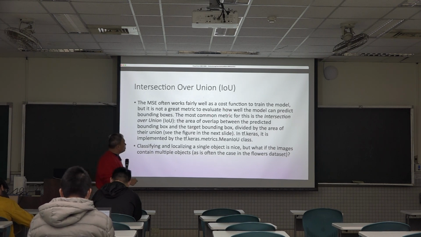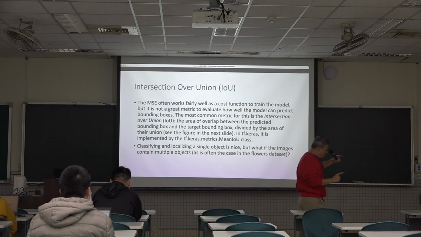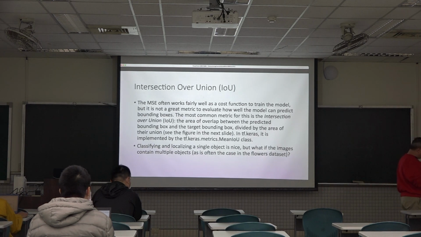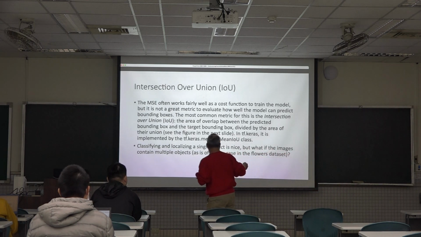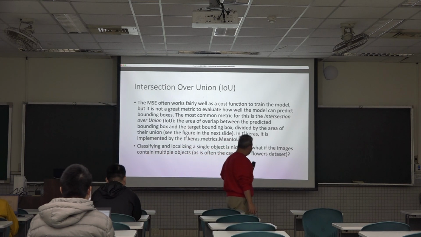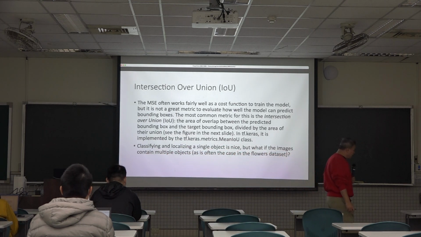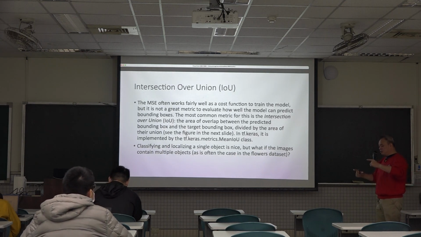Normally, when we evaluate the location of an object, because it's a bounding box, we use the IOU, intersection over union. This is the common metric that we use to evaluate how accurate our prediction for the location of the object is.